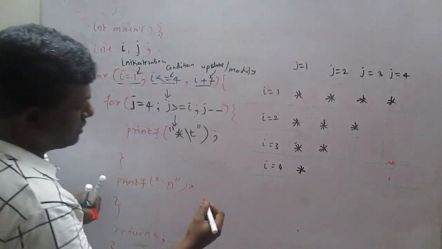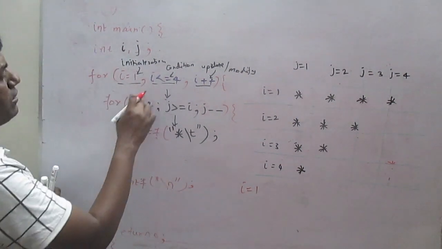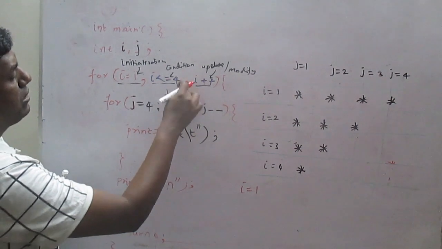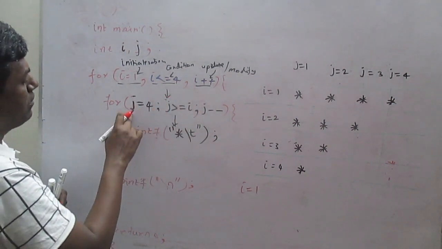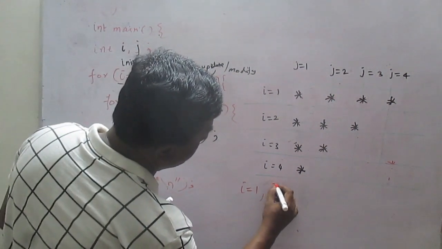Initially i equals 1. Then we check the condition, i less than or equal to 4, condition true, so we enter the loop. Now j is 4.